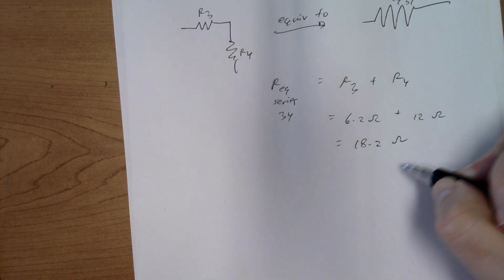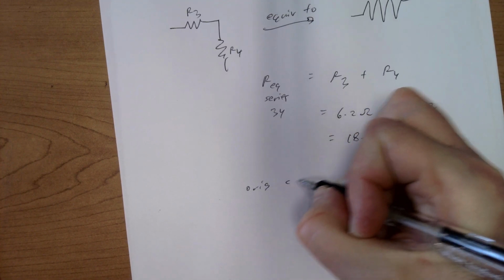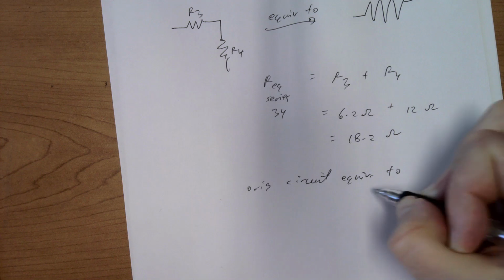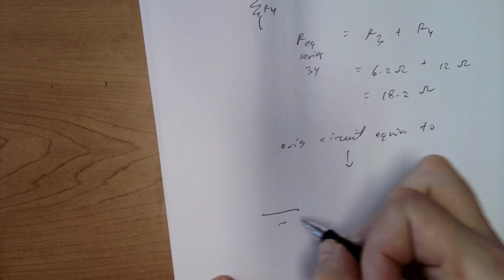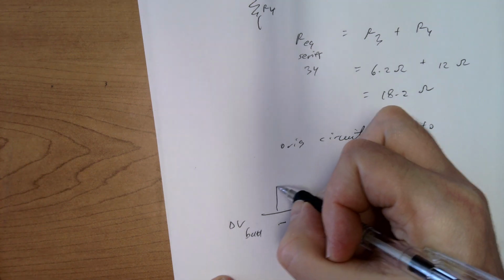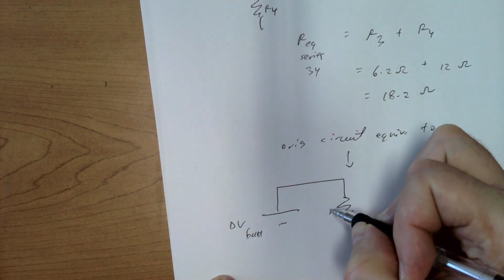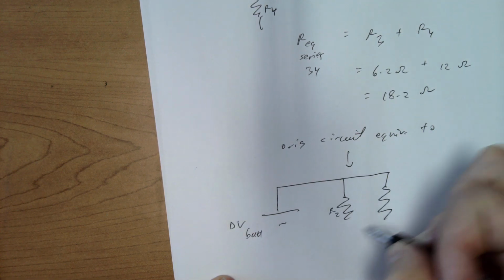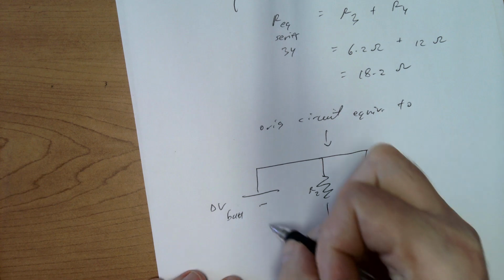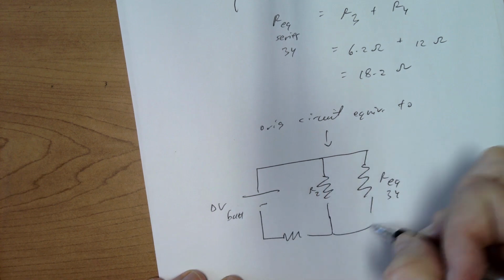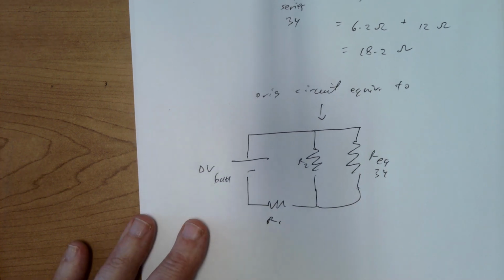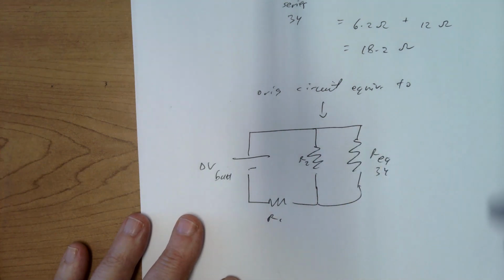So now my original circuit, which I'm not going to redraw, is going to be equivalent to delta V bat, this is R2, this is my R equivalent of 3 and 4, and I still have R1 also down here. I'm not going to redraw the currents this time because I'm just trying to combine the resistances to find an equivalent circuit.